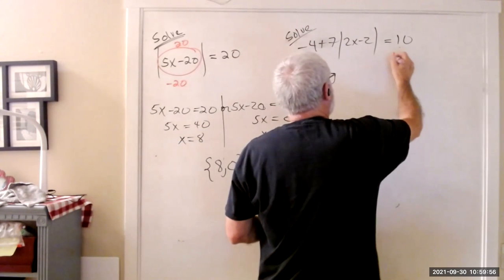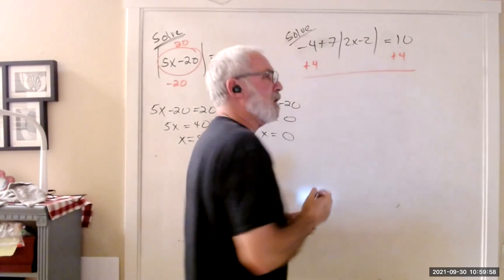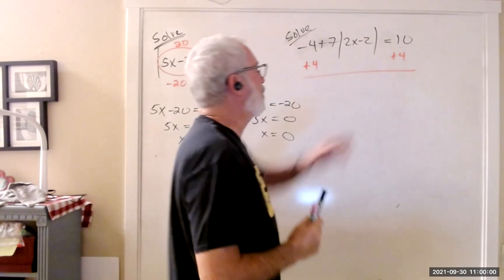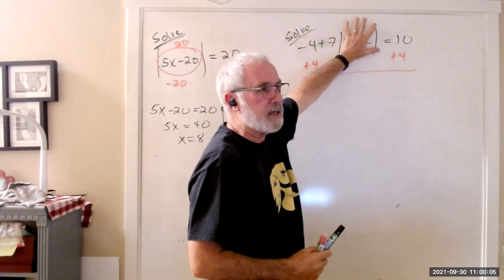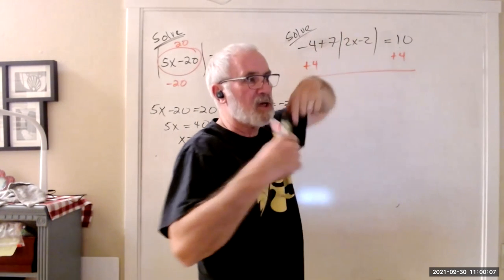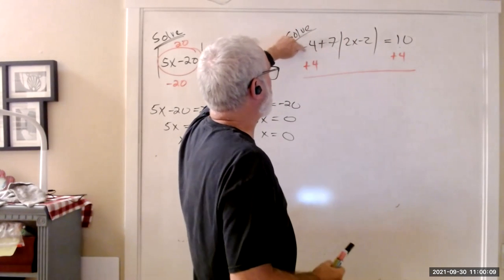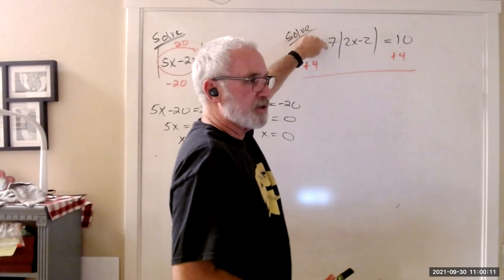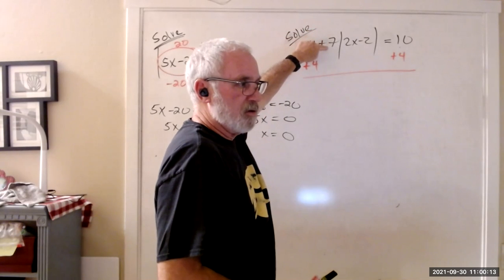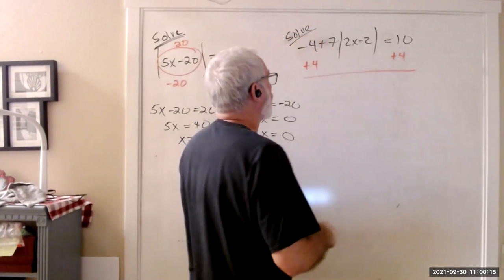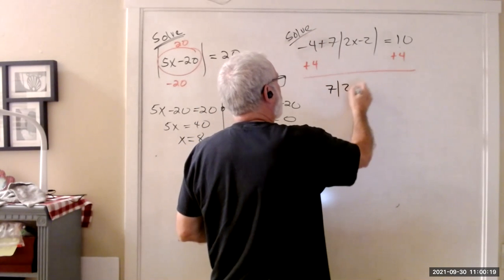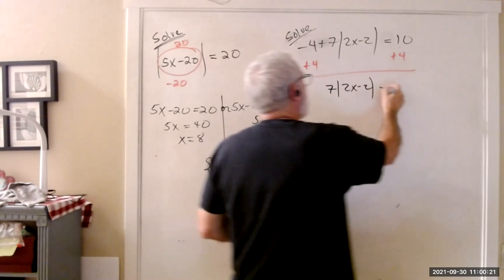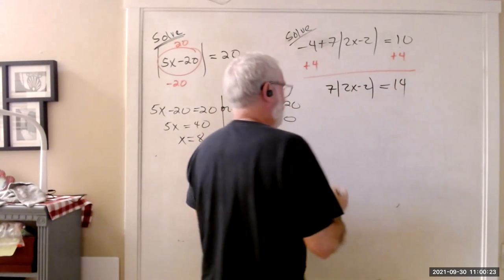What you're really doing is, the key was to get the absolute value alone, by itself, which means you need to get rid of the negative 4 and you need to get rid of the 7. You're on your way. Getting rid of the 4, that's 7 times the absolute value of 2x minus 2 equals 14.